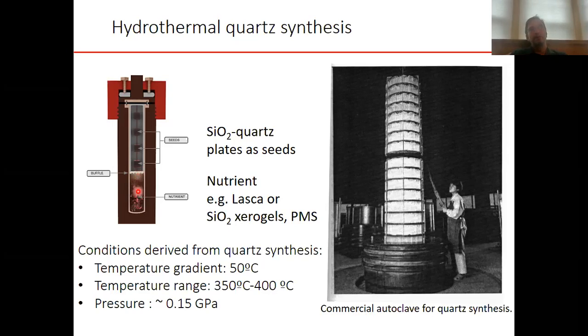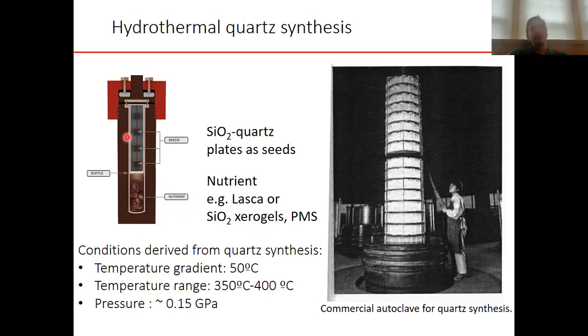In the dissolution zone, you have your so-called nutrient, and your nutrient is a form of silicon dioxide. It can be, for instance, natural forms of quartz, such as lasca. It can be xerogels and other silica sources.